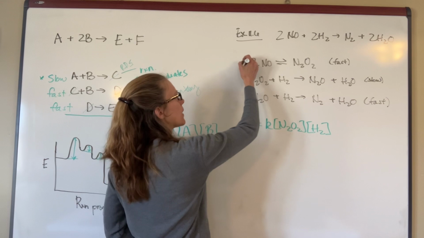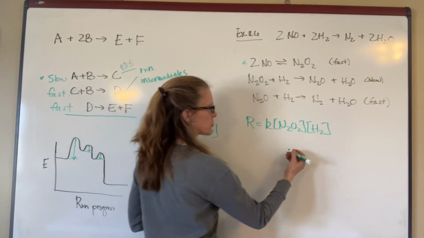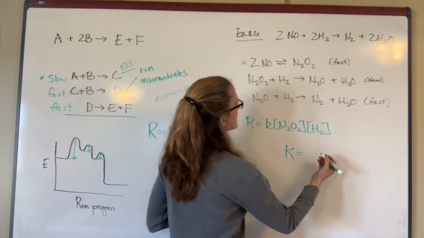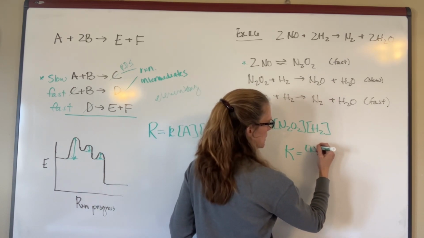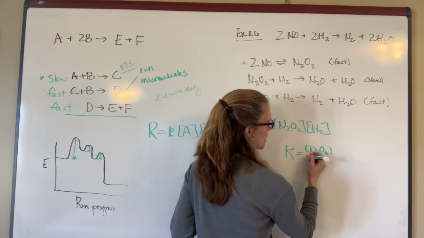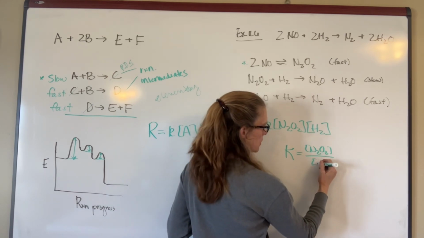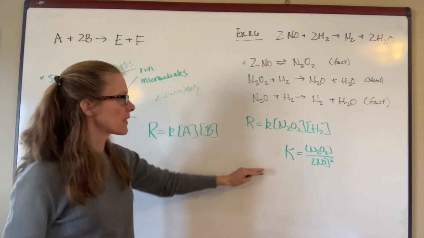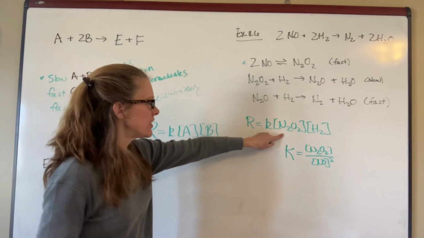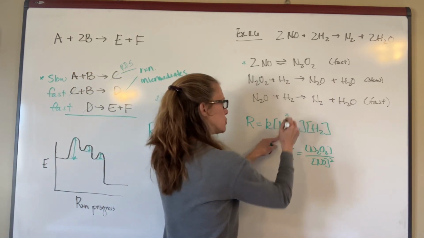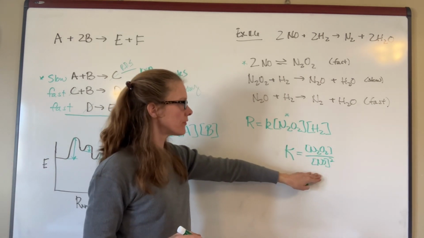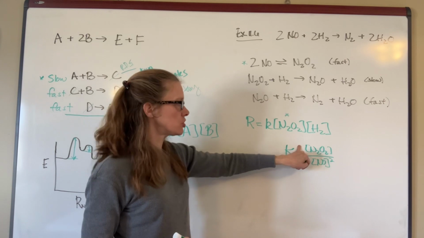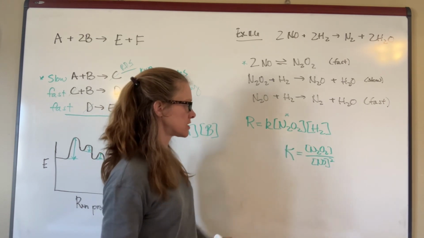So for this one right here, because it's an equilibrium, I can write the equilibrium expression like this. I can say I have N2O2 on the top, and I have the concentration of NO squared on the bottom, okay? This right here is my issue, and so if I solve this for N2O2, I can then substitute what I get here into this expression.